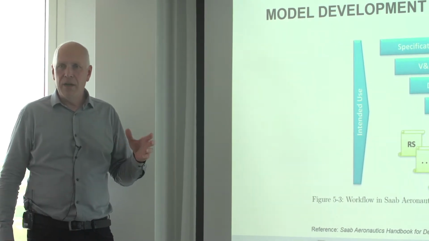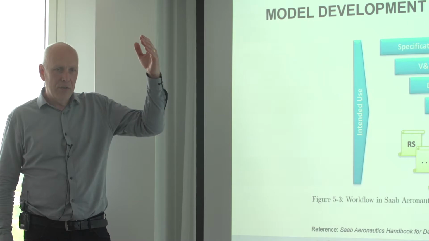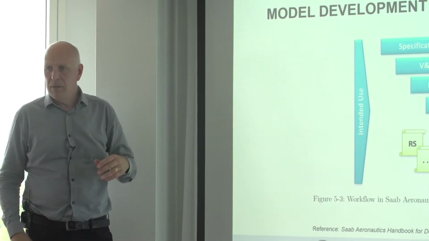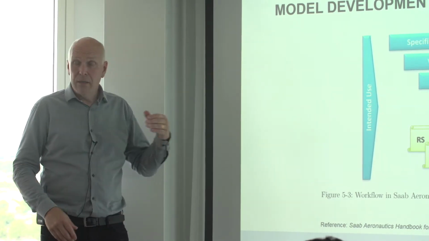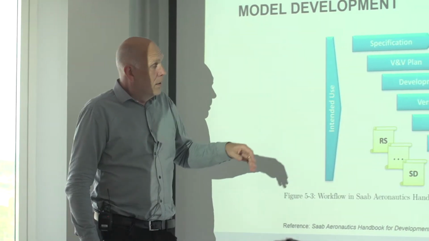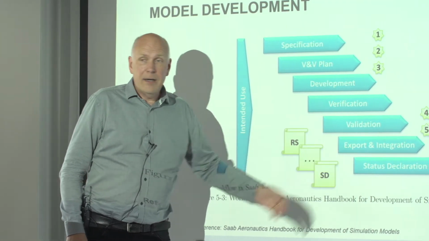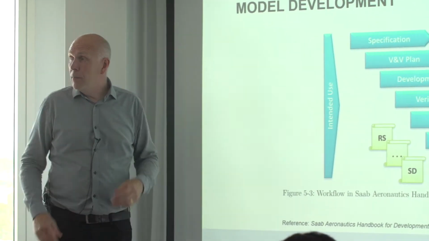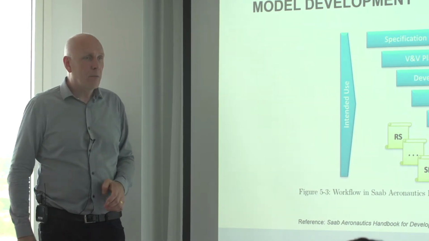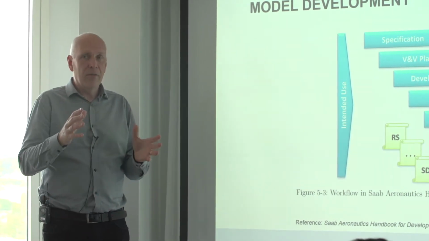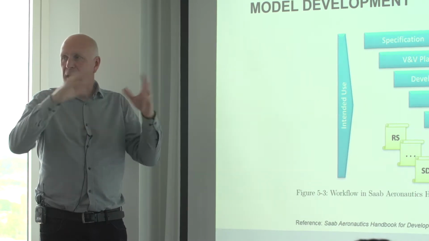Is it verified up to 10,000 meters flying or just 3,000 meters, or what is the actual status of the model right now? And that also can change, of course. We can start off with a model that is declared to be not verified at all, but then it becomes more and more mature, and we can state that it works in a certain envelope, and an envelope can expand over time.